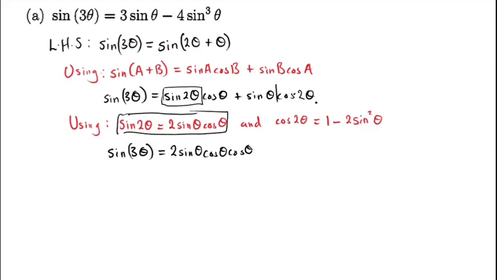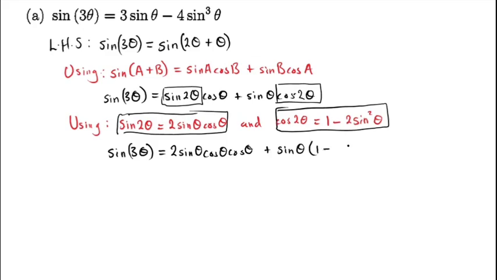Same thing, we're going to substitute this part with the identity we have here, so plus sine theta, then we replace that with 1 minus 2 sine squared. So sine 3 theta equals 2 sine theta cos squared theta, plus sine theta times 1, and sine theta times 2 sine squared gives 2 sine cubed theta.